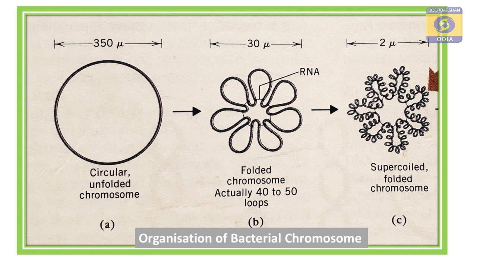What I mean to say is, a bacterium is a small cell. If you look at E. coli, E. coli is a rod, its length is around 10 micrometer, but its diameter is around 2 micrometer.